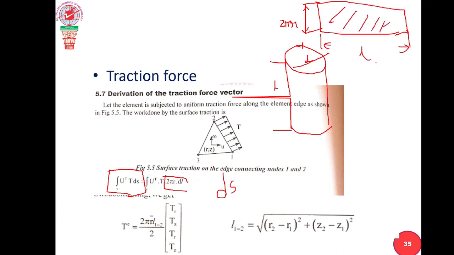This length is nothing but L. What about this height? When I cut this circle and open it, that becomes the perimeter or circumference. Isn't it? Now what is the area of this rectangle? Length into height. What is the length? L. What is the height?